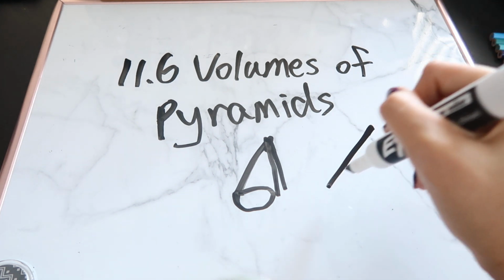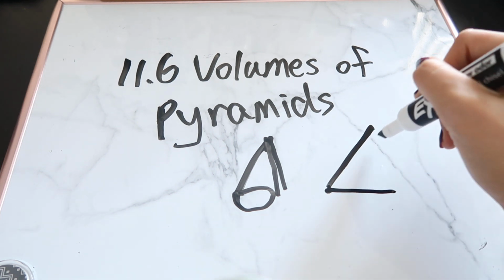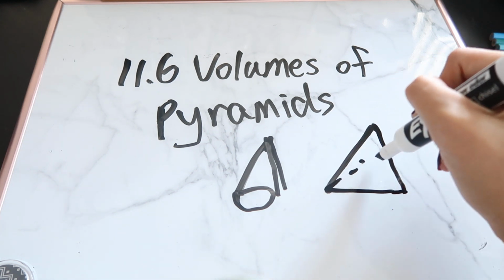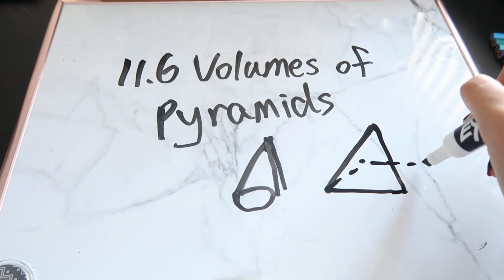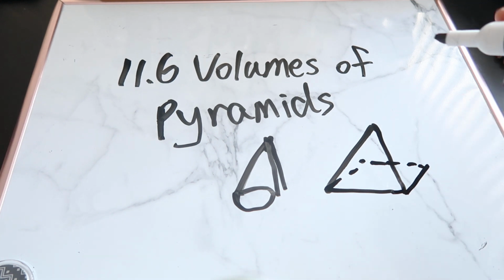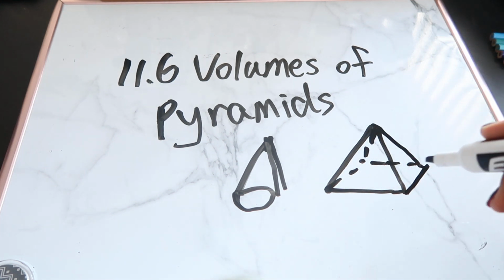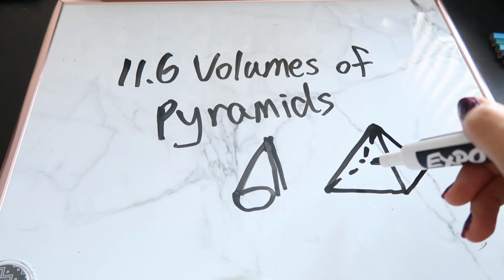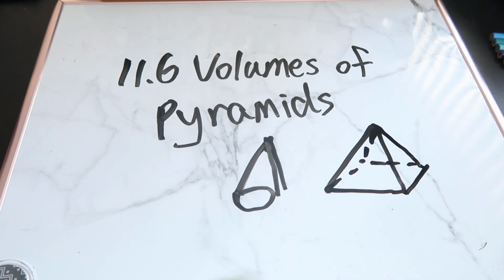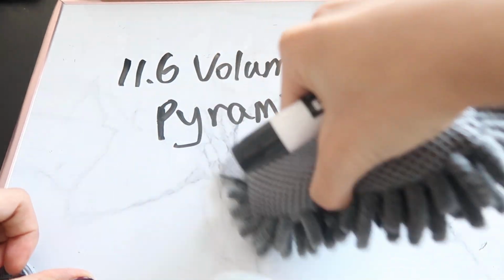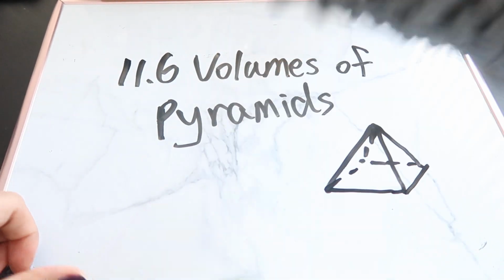That means the bottom can be a square, a rectangle, a triangle, or a pentagon. So the difference is that the base has to be a polygon, and a polygon doesn't include the circle. So I'm gonna erase this one.